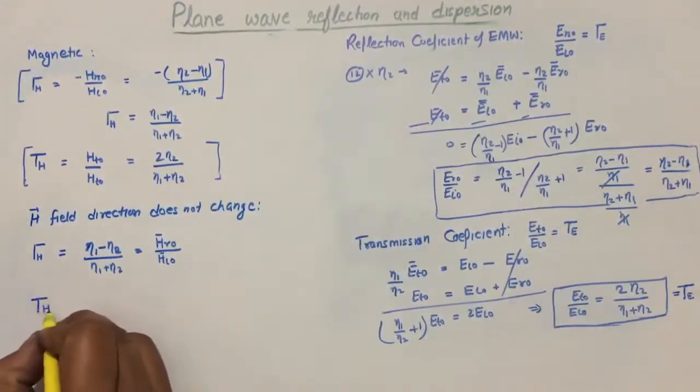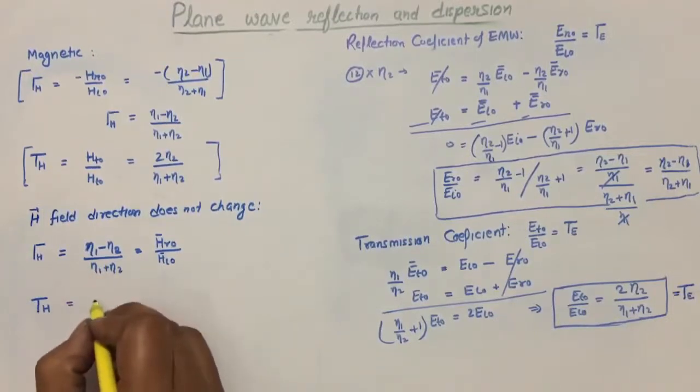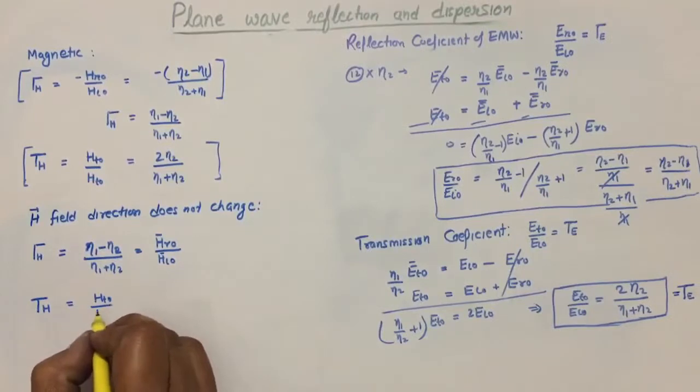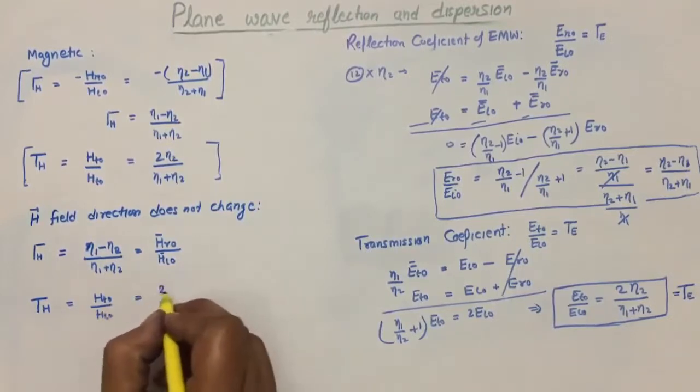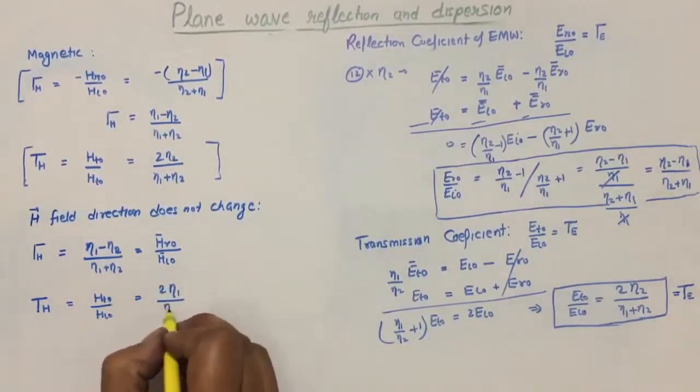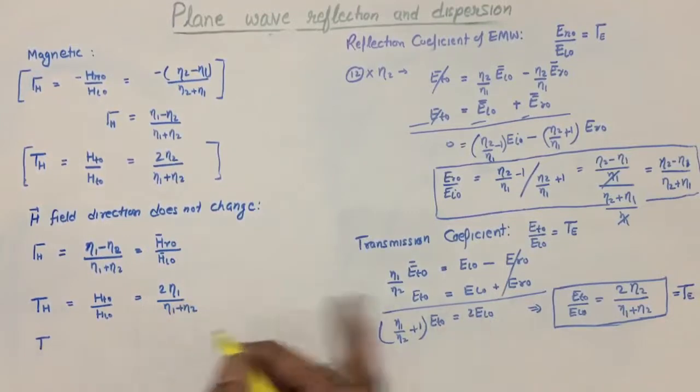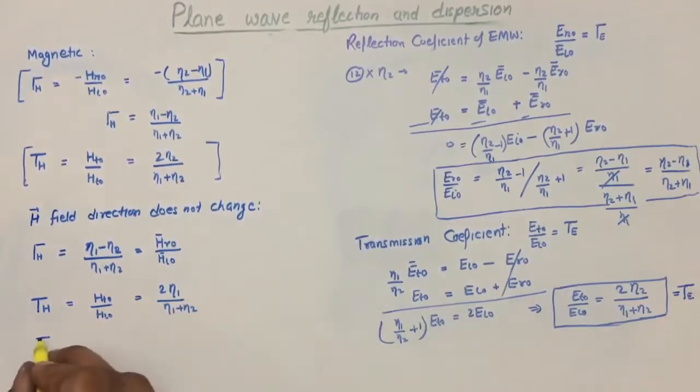Now the transmission coefficient will be the transmission component divided by the incident component. So this is eta 2, and the electric field in this case will be a reflection component when it is assumed that the magnetic field component direction does not change.